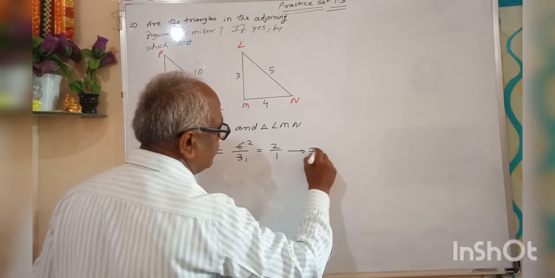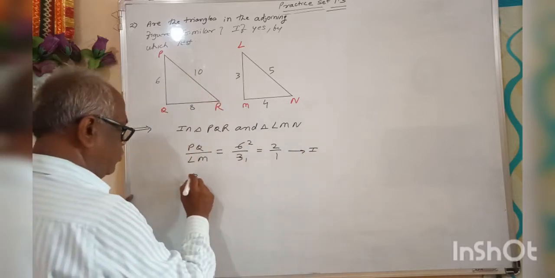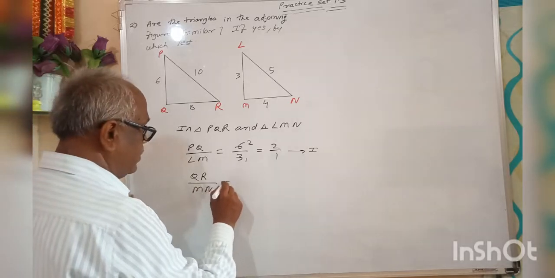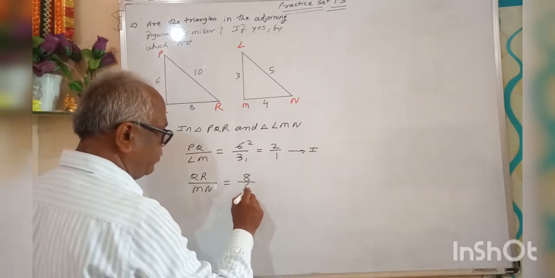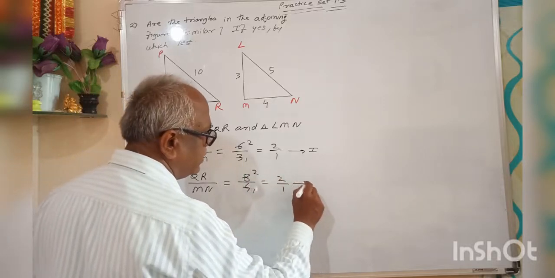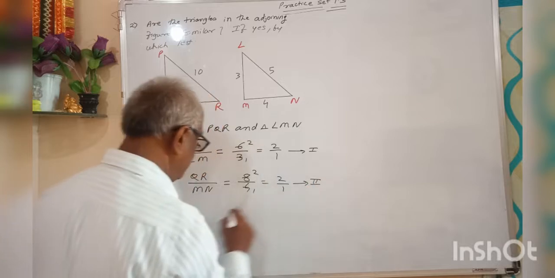This is equation 1. QR upon MN is equal to 8/4, 4 ones are 4, 4 twos are 8, that is equal to 2/1. This is equation number 2.